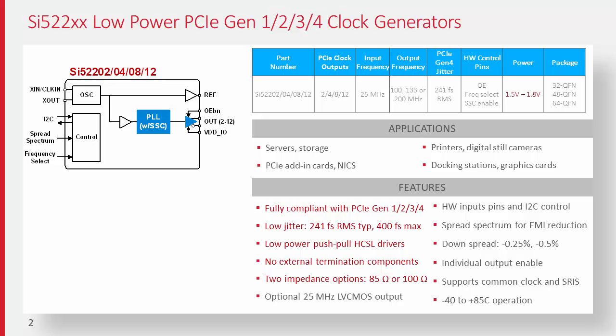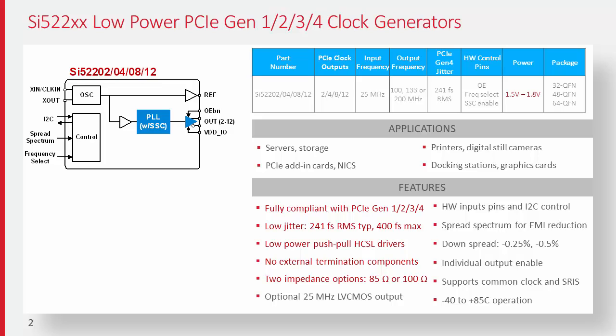Jitter performance for Gen 4 typical is 241 femtoseconds, so you have a lot of jitter margin because the Gen 4 limit in the standard is 0.5 picosecond. The 52200 family supports 1.5 and 1.8 volt parts.